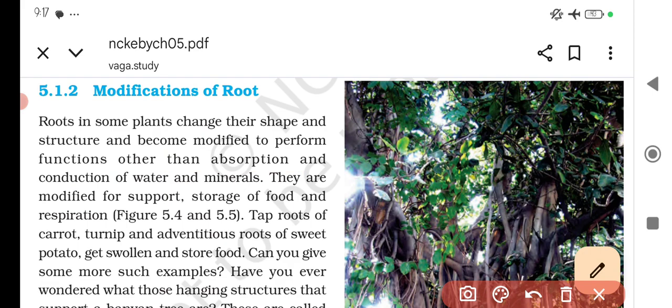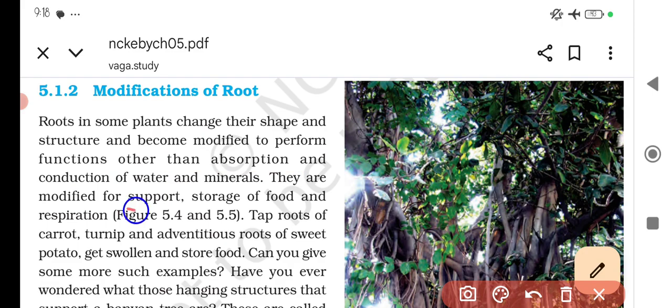Suppose the stem is not able to provide enough support, enough strength, for the plant to stand upright. Then the roots will modify to provide extra support for the plant. So this is how and why modification happens.